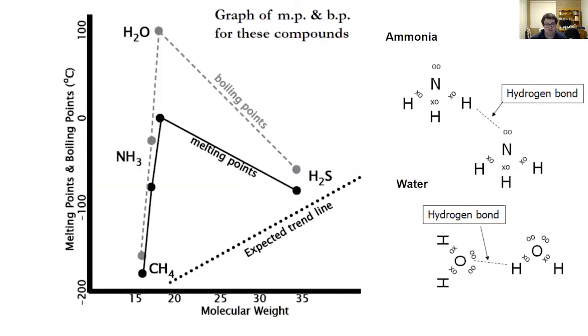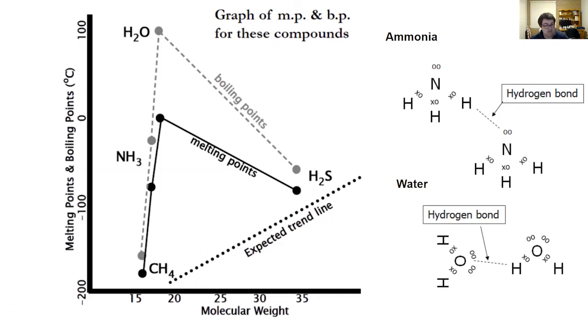So it's pretty straightforward now to see what's going on here. The reason why ammonia and water have relatively high melting and boiling points is because they have an additional force holding their particles together, whereas methane and hydrogen sulfide don't have the hydrogen bonding.